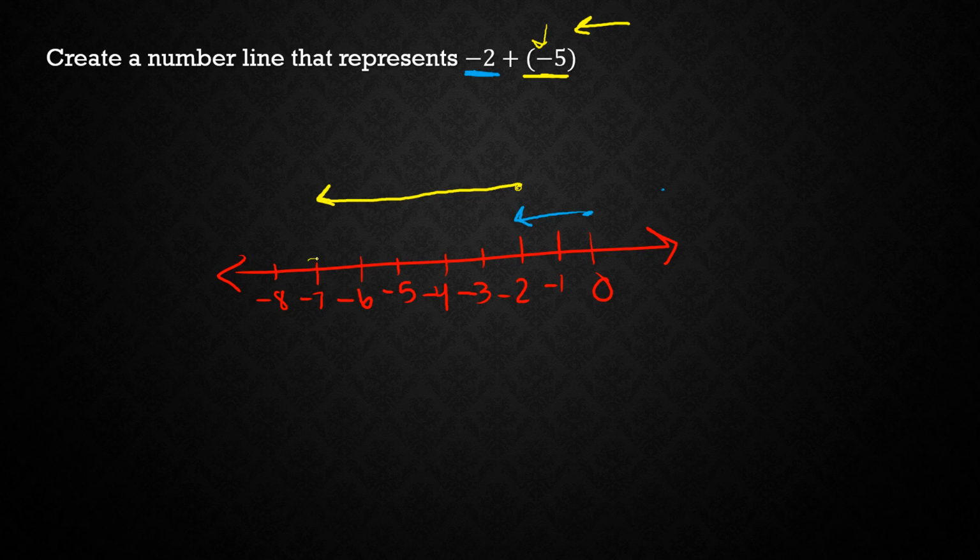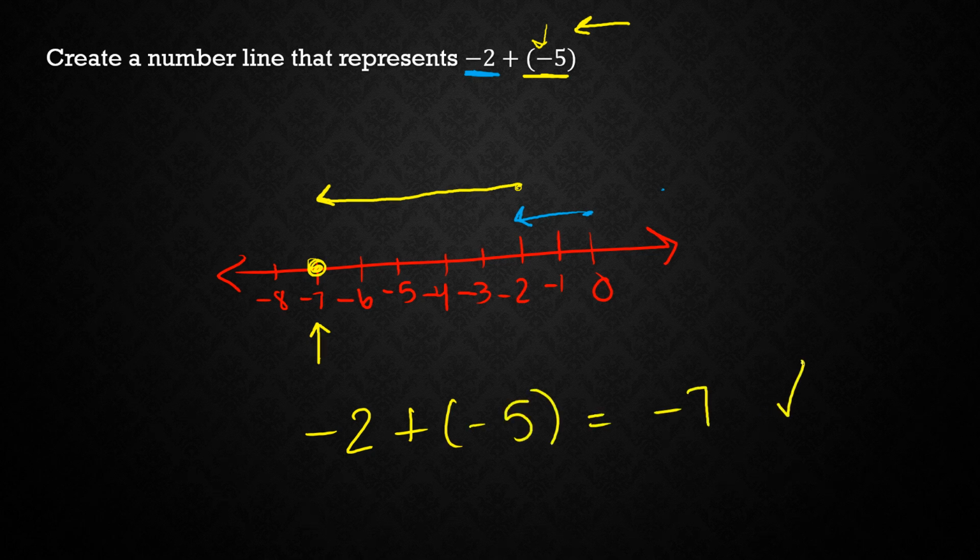And I should end right here above -7. So that is how our number line would look. Notice both numbers are negative, both arrows are pointing backwards, and there we go. We can also double check this. Wherever your second arrow ends, that is going to be your final answer. If I were to type in -2 plus -5 into a calculator, I would get -7, which is a way of double checking our work.